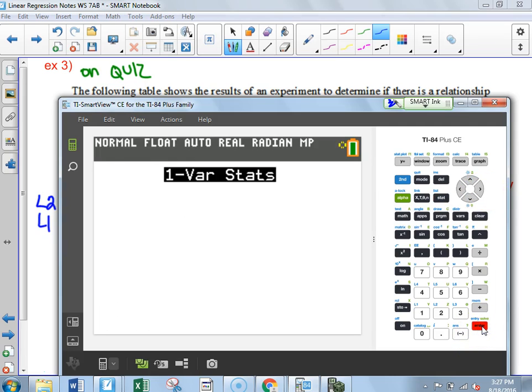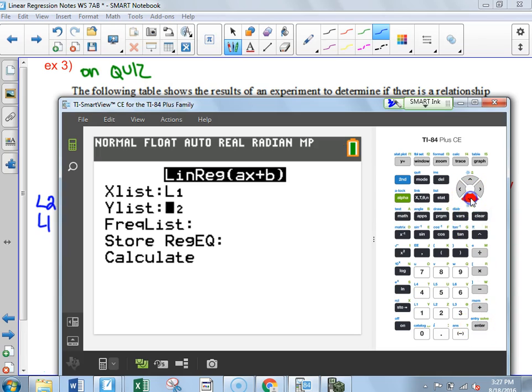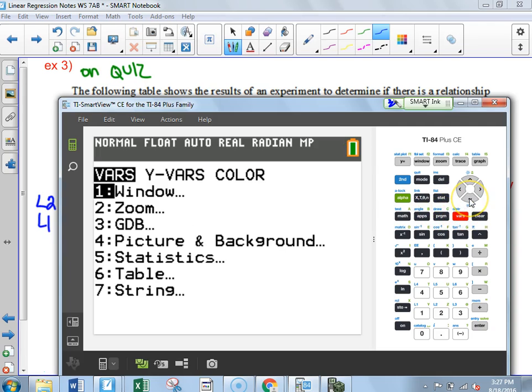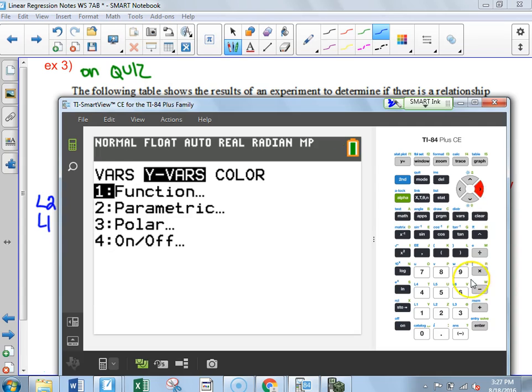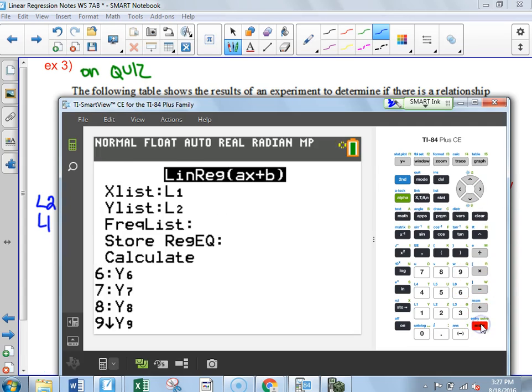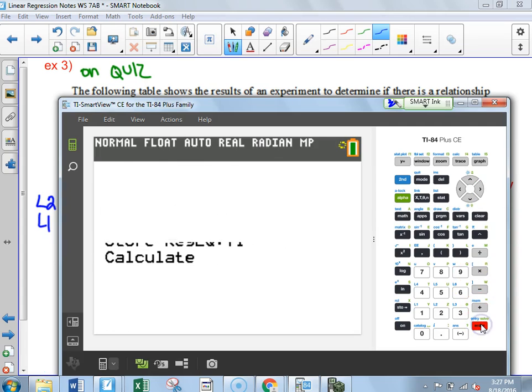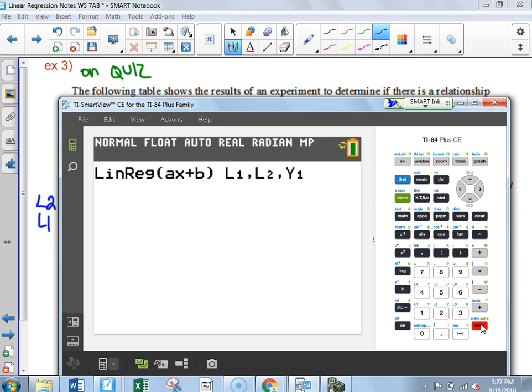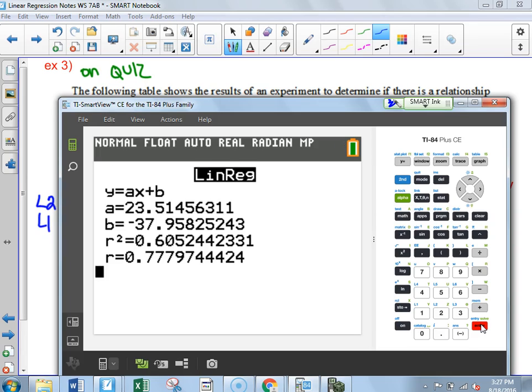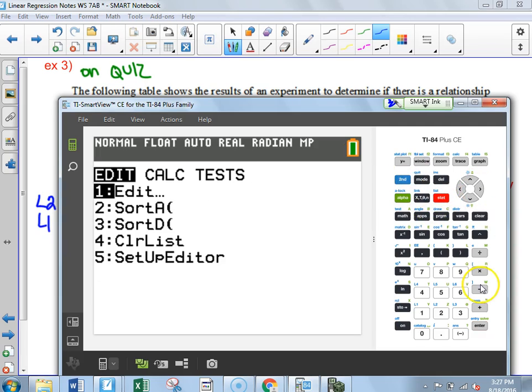Did anybody notice? I didn't see anything. That's not what you got? Okay. Probably have one data point wrong.